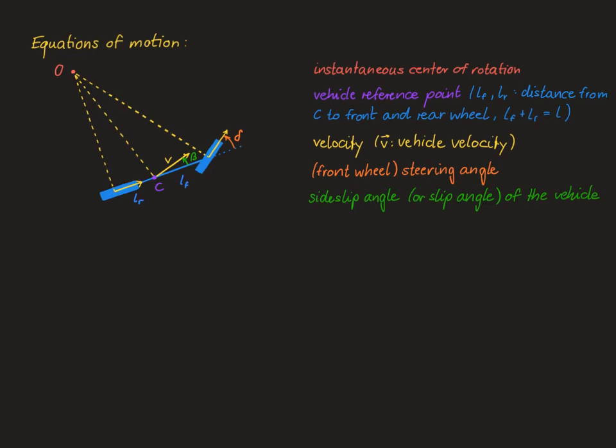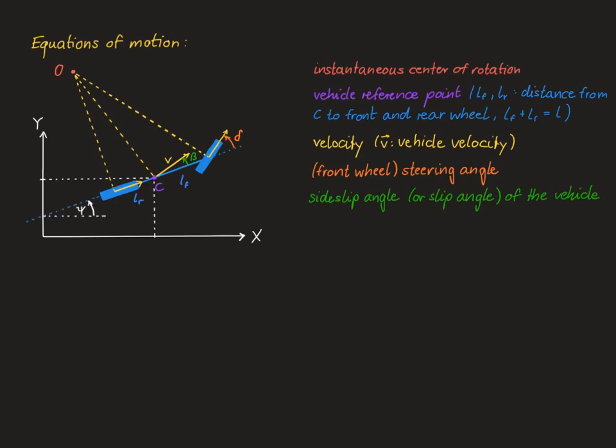Note that here we assume the vehicle is moving in a horizontal plane, so we may describe the position of the vehicle by the inertial coordinates x and y. The orientation of the vehicle is described entirely by its yaw angle psi.